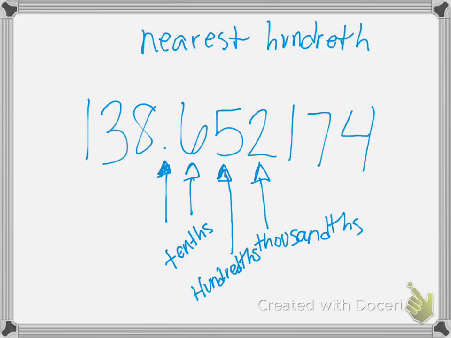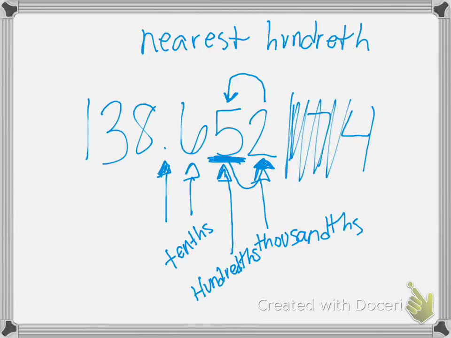So when the book asks you to round to the nearest hundredths, you take this answer and you underline where the hundredths are. So 2 places after the decimal is our hundredths. All right, but you always need to look at the thousandths, because the thousandths tell you whether or not you have to use this to round up or stay the same. So I'm not even paying attention to all these back numbers.